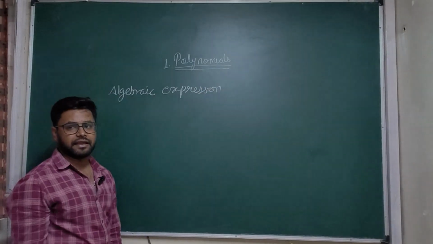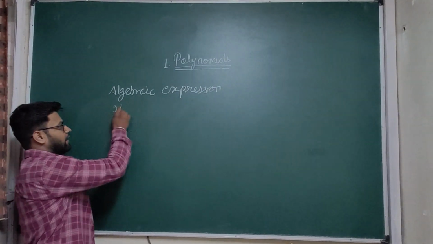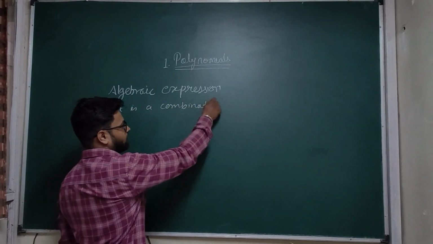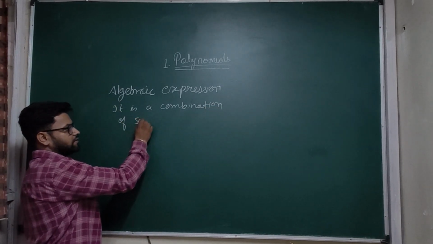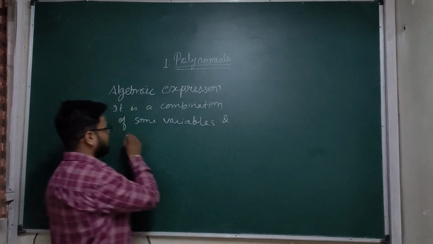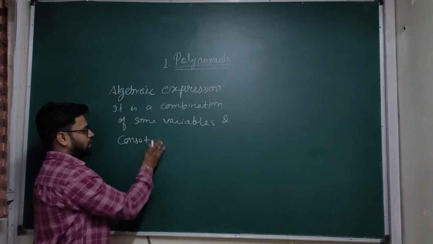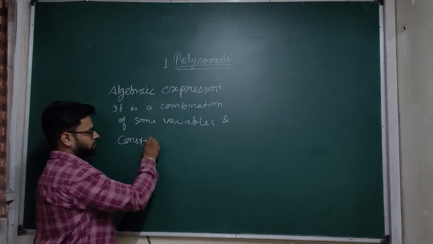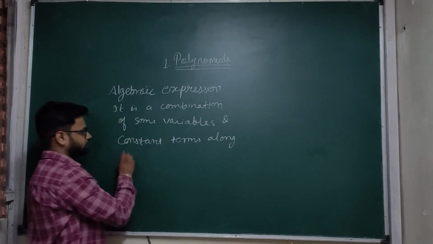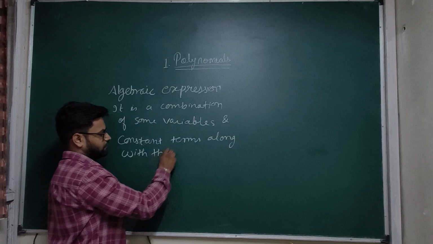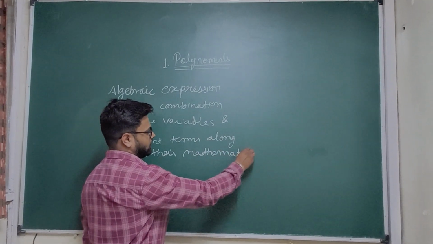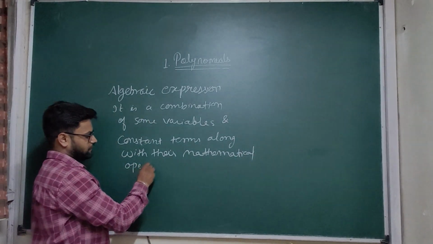So what is an algebraic expression? It is a combination of some variables and constants, along with their mathematical operations.